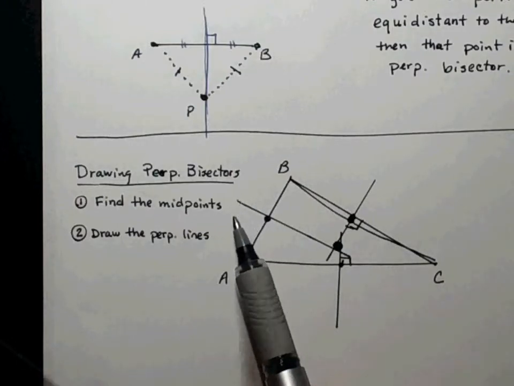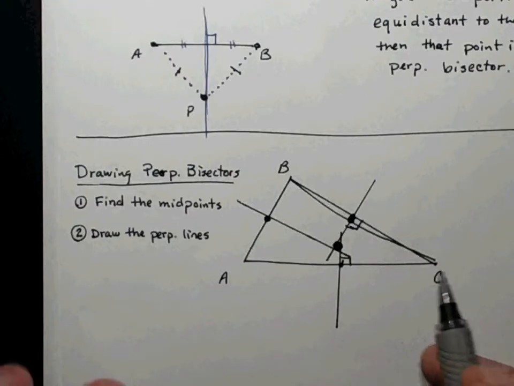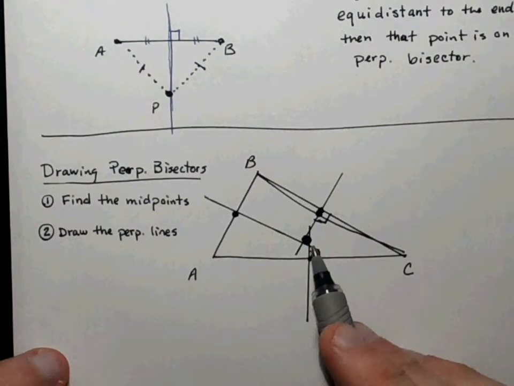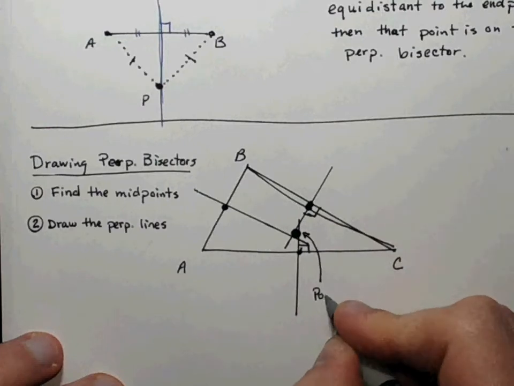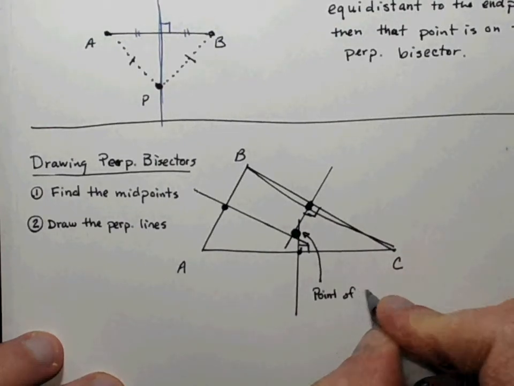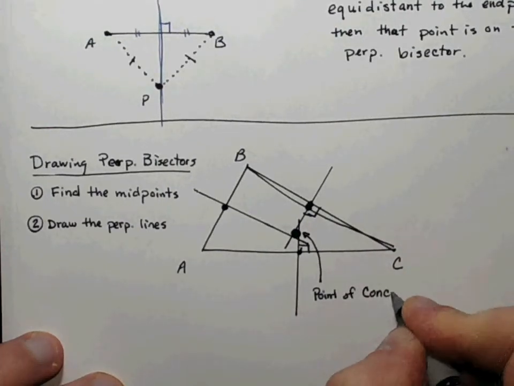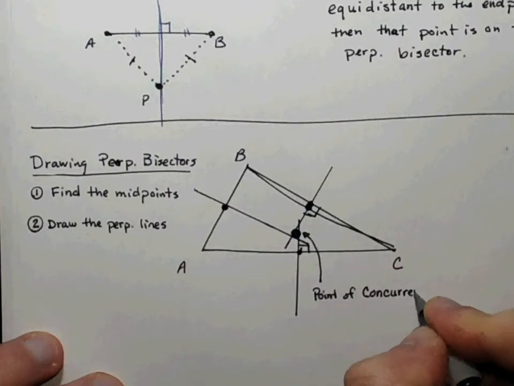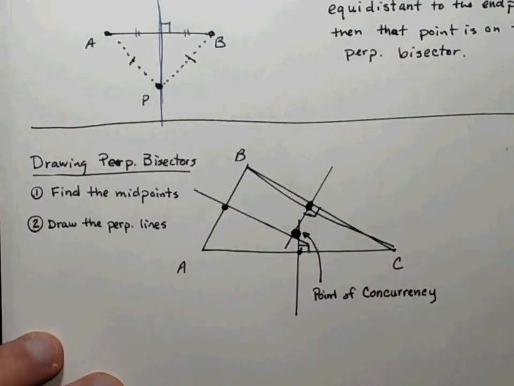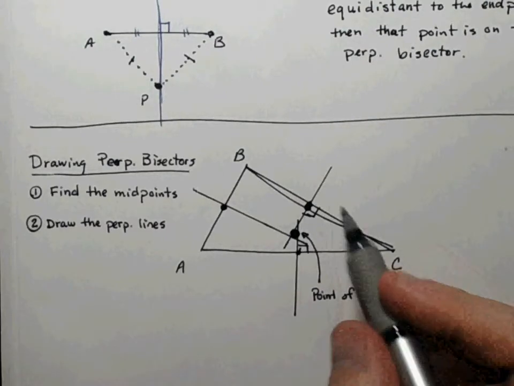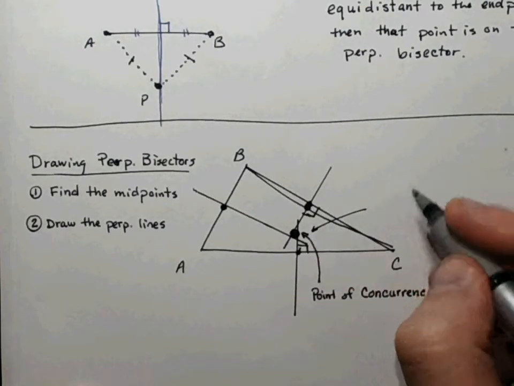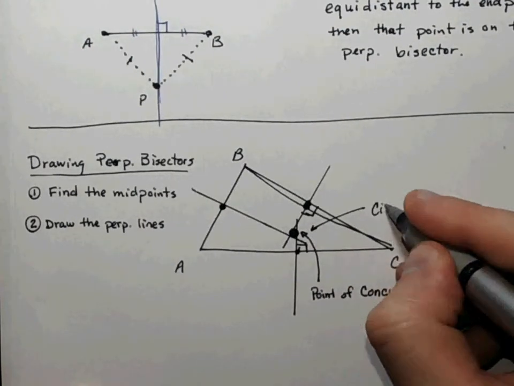So, they're going to intersect at one point, and this point is called a point of concurrency. It has a specific name, and its specific name is called the circumcenter.